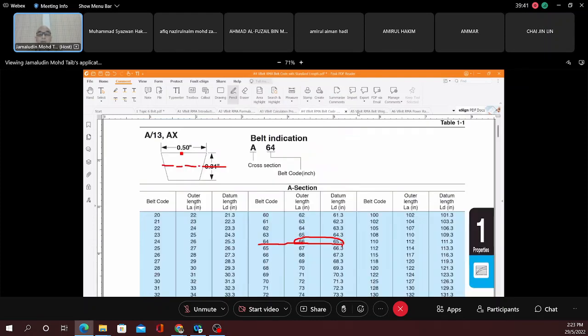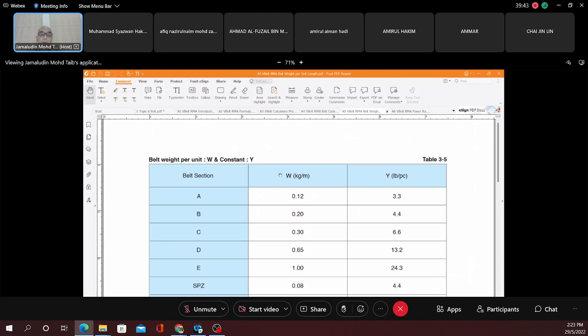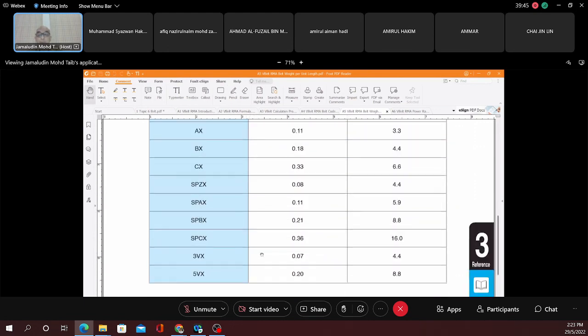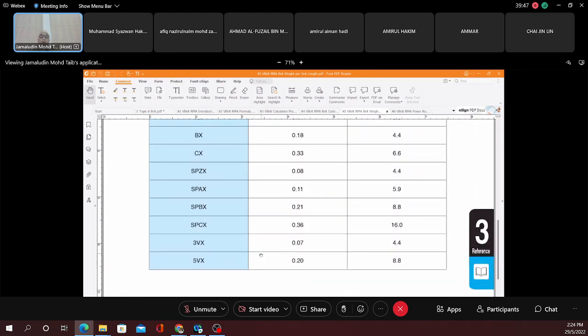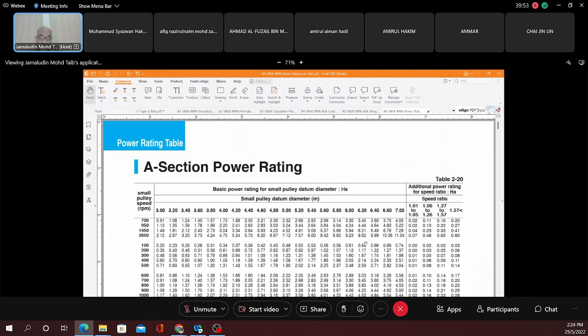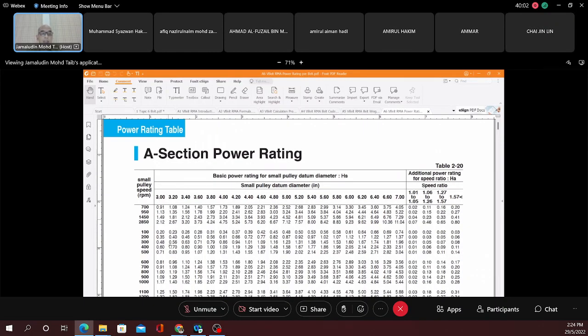Then you have to refer to this one. This is going to be the property of the belt, maybe required when you need to use the formulas. And finally, A6 is going to be your power rating of the belt. For example, let's say I have a type A belt, and my small pulley is, let's say, 3 inches.